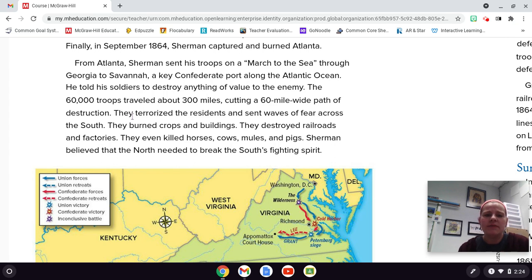They terrorized the residents and sent waves of fear across the South. They burned crops and buildings. They destroyed railroads and factories. They even killed horses, cows, mules, and pigs. Sherman believed that the North needed to break the South's fighting spirit.